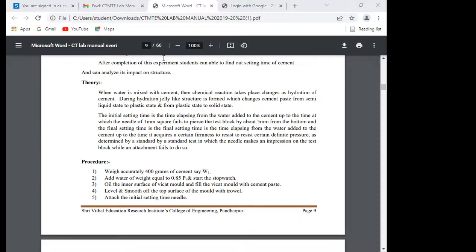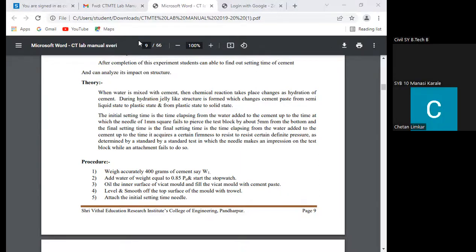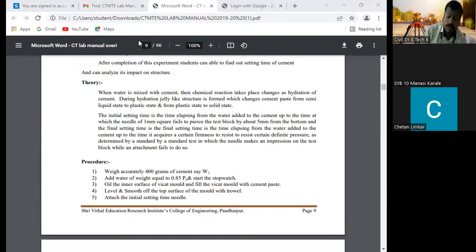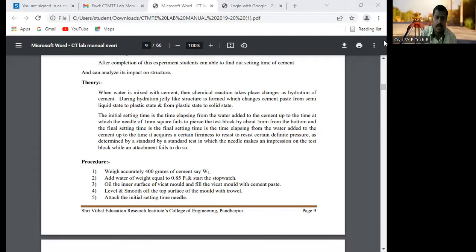So whatever the water which we are getting, we are going to add 85% of the water of your consistency. ठीक आहे, आपली जी काही कन्सिस्टन्सी आलेली होती, आपल्या पहिल्या फेज मध्ये स्टँडर्ड कन्सिस्टन्सी मध्ये, that consistency you have to consider, and then whatever the water which is required in case of your setting time test, that water is nothing but 85% of the water required for your consistency. म्हणजे तुमच्या कन्सिस्टन्सी मध्ये जितकं वॉटर तुम्हाला लागलं होतं, मे बी 112 ml असेल, 103 ml असेल, 110 ml असेल, म्हणजेच काय, तर कन्सिस्टन्सी 24 पासून 30 पर्यंत किती असू द्या, जी काही तुमची कन्सिस्टन्सी आलेली आहे त्या पर्टिक्युलर सिमेंटसाठी, त्याच्या 85% वॉटर तुम्हाला घ्यायचं आहे.